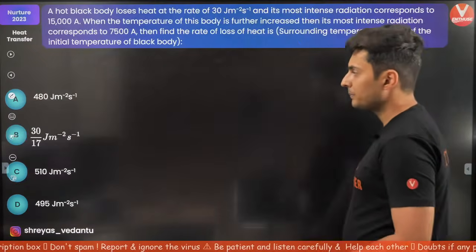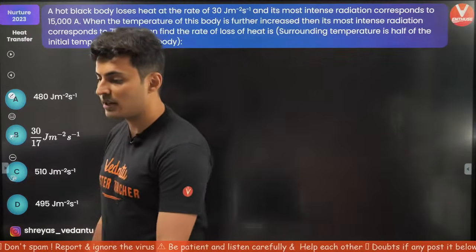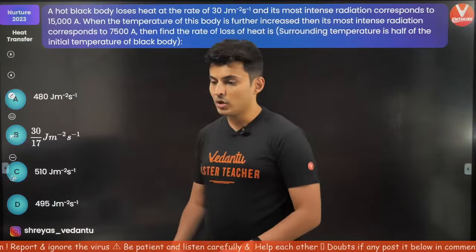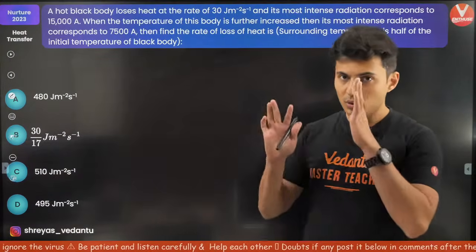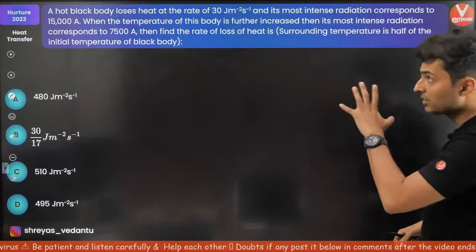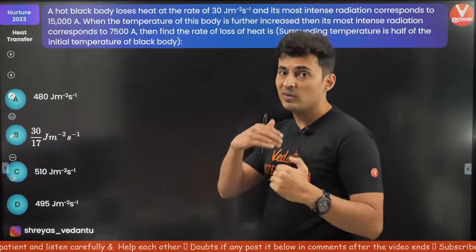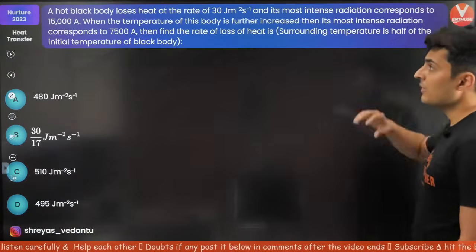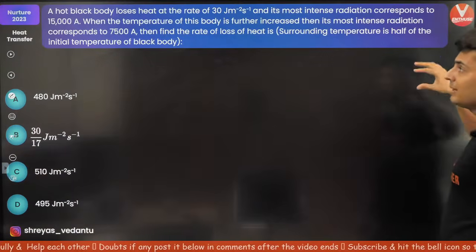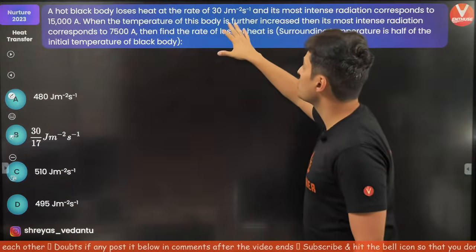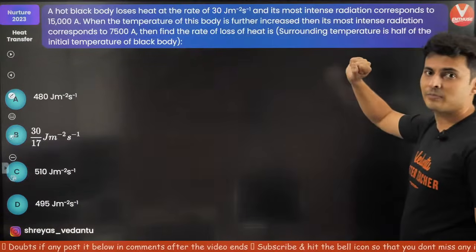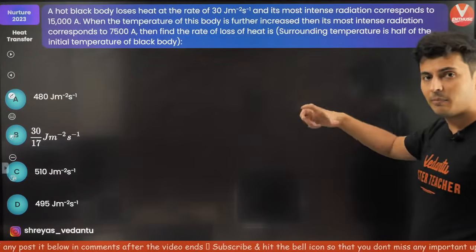Moving ahead. Now, you have amazing questions over here. So watch these questions carefully, because now these are of slightly higher difficulty. This is a hot black body which loses heat at 30 joules per meter square per second, per unit area per unit time.